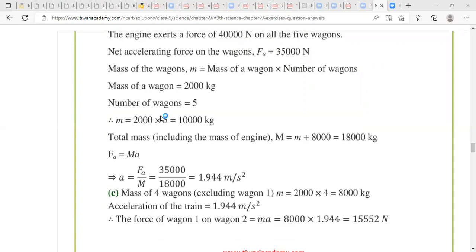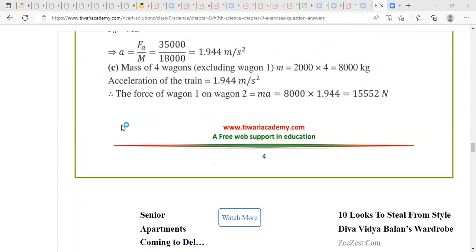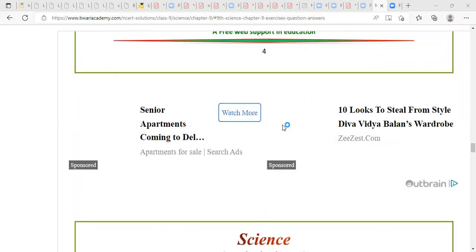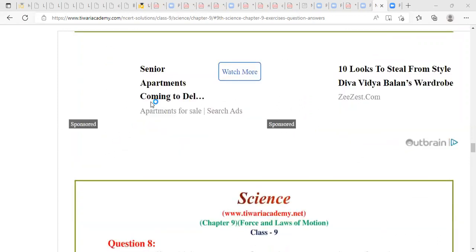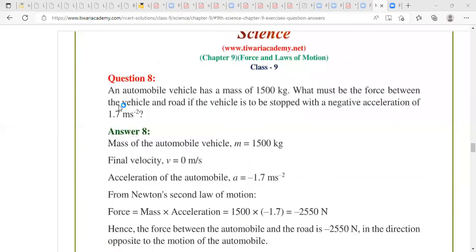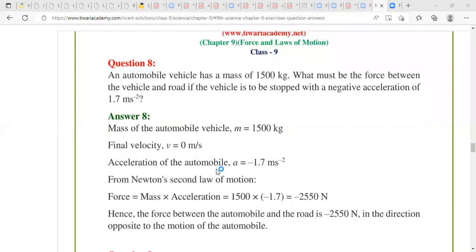Okay. Now moving to the next question: an automobile vehicle has a mass of this. What must be the force between the vehicle and the road if the vehicle is to be stopped with a negative acceleration? Mass is given, velocity is given, acceleration is given.